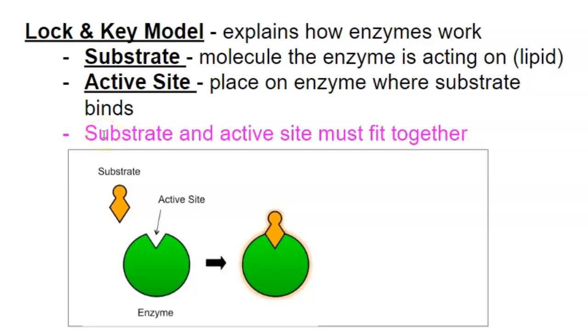Something you want to note here is that the substrate and the active site have to fit together like puzzle pieces. So go ahead and write that, and then you can draw this picture of them connected together here.